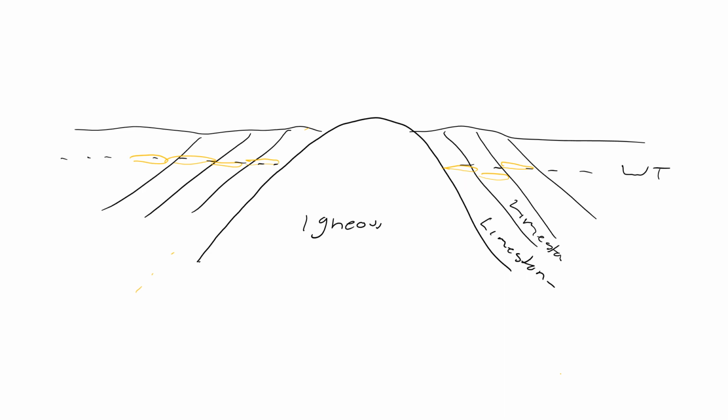So the Black Hills uplift occurred somewhere between 40 and 70 million years ago during the uplift of the Rocky Mountains.